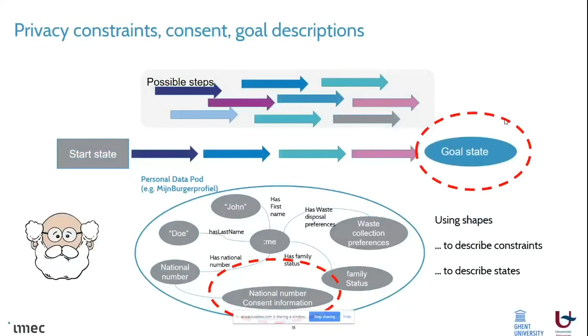The future challenges we are also looking into: you see here marked two things on the slides, the goal state and, for example, in the personal information, some consent information. We're really looking into shapes to describe these kinds of constraints and states.